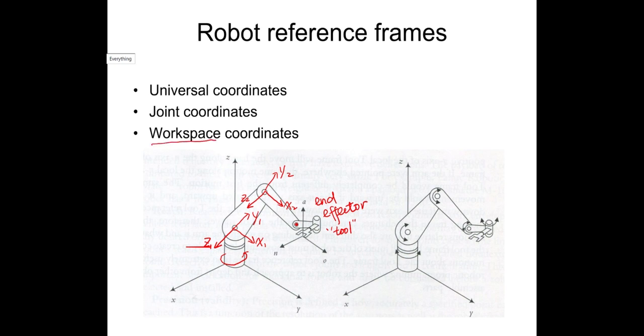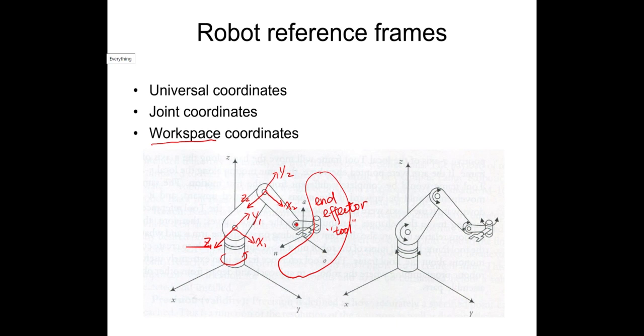The workspace means the whole space the end effector can sweep. So we also need to define the coordinates for the workspace, which are actually the coordinates for the end effector. Then if we look at this robotic arm system, we have the universal coordinates, representing the world coordinates and also the base coordinates.